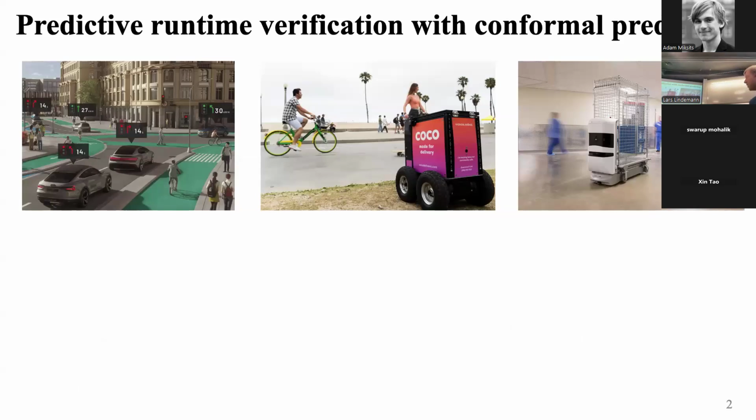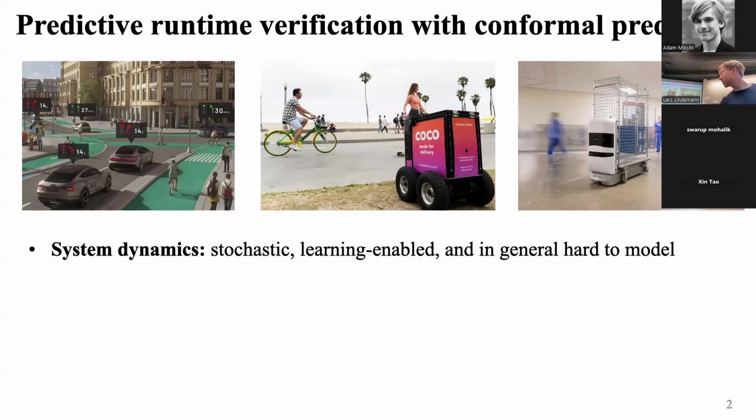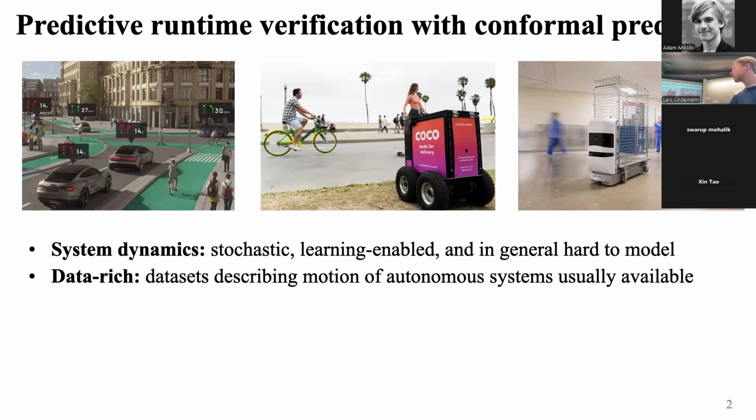So motivated slightly differently, yet similar, for using conformal prediction to solve this problem is that, in this case, the system dynamics are not necessarily easy to model, right? If we have a learned controller or a really complex autonomous system for which we have a controller already, maybe you can write down the equations, but analyzing it is quite difficult.